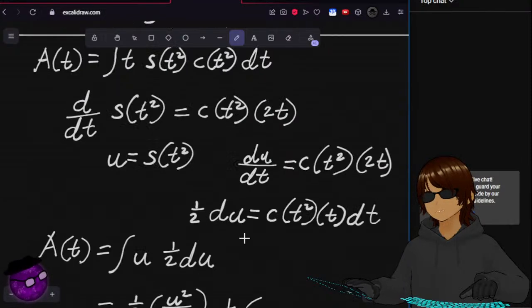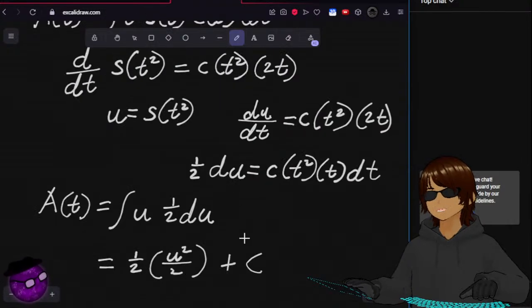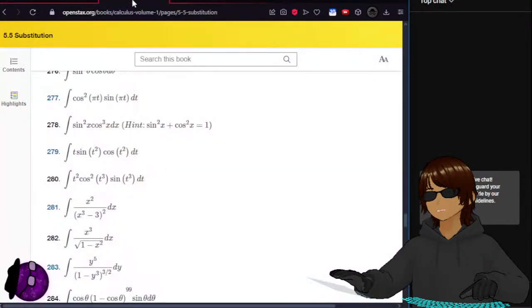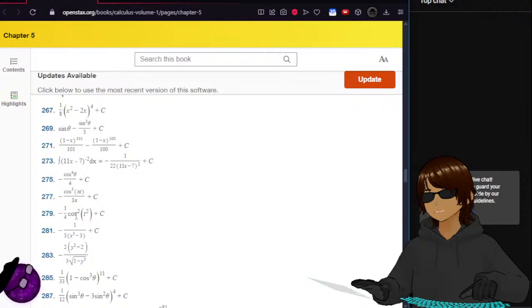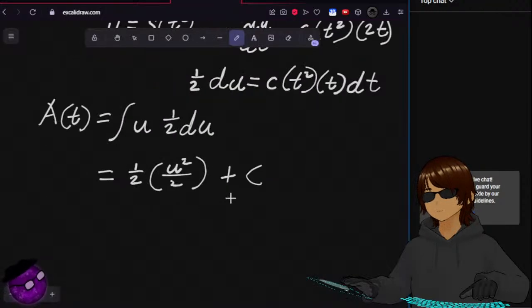U square over 4. So sine square t square over 4.